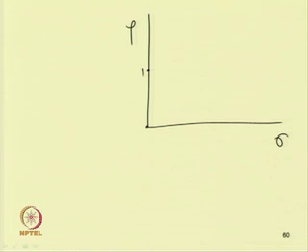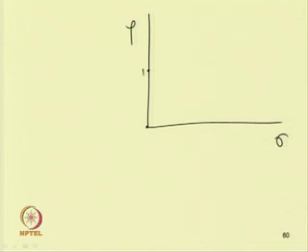So, if one plots this rho versus sigma, for sigma equal to 0 we have two solutions: one solution rho equal to 0 and the other solution rho equal to 1.